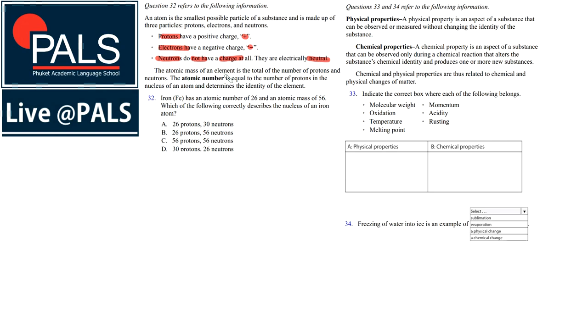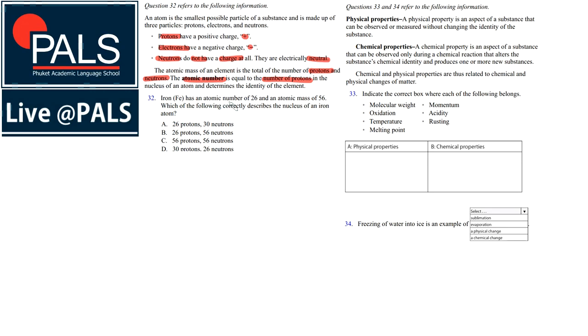The atomic mass of an element is the total of the number of protons and neutrons. Together, the atomic number is equal to the number of protons in the nucleus of an atom and determines the identity of the element. There's a lot of information here in this short bit. Some very basic information from chemistry that you should know, so this shouldn't be new for you.